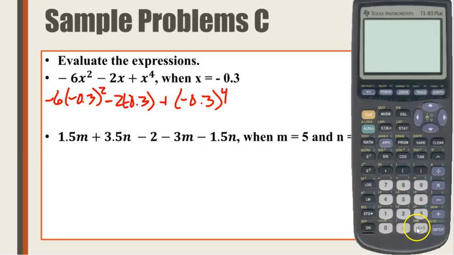So we have negative 6, and we're multiplying that by parentheses negative 0.3, and I'm going to square that, and it's going to be minus 2 times parentheses negative 0.3, and then I have plus parentheses negative 0.3, and then we're going to raise that to the 4th power.